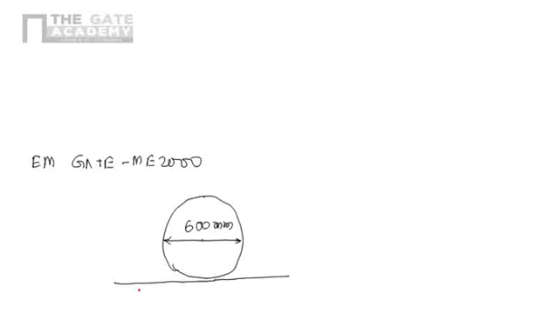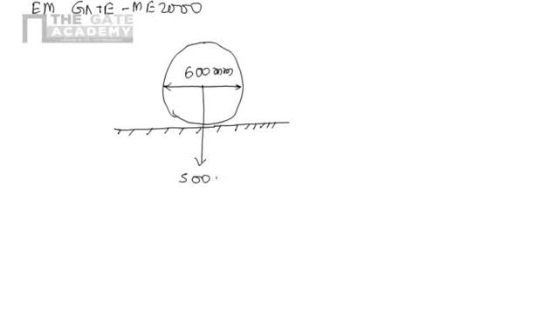A steel wheel of 600 mm diameter rolls on a horizontal steel rail, carrying a load of 500 Newton. The coefficient of rolling resistance is given as 0.3. The force in Newton necessary to roll the wheel along the rail.